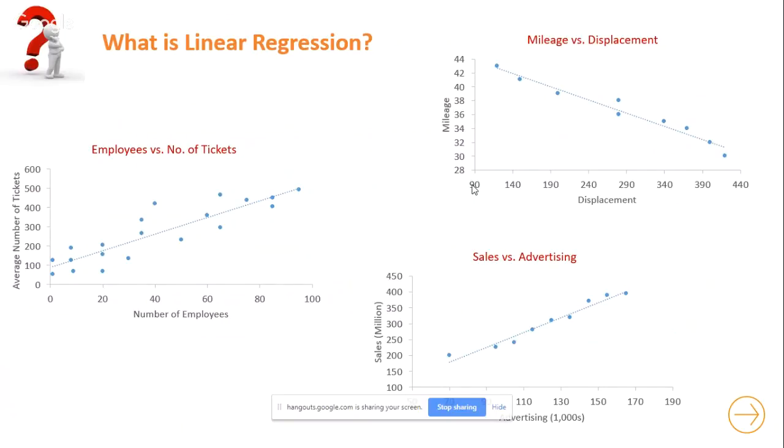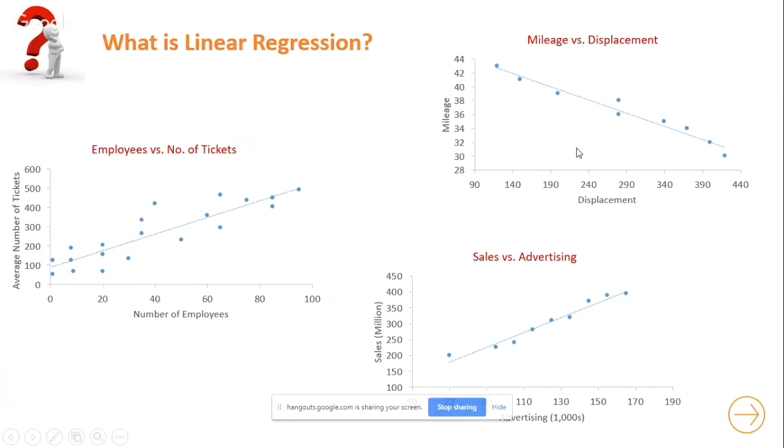Let us check the data displayed in these scatter plots. First plot, number of employees and number of tickets. We can say that when the number of employees goes up, the number of tickets also goes up. What about the second plot?